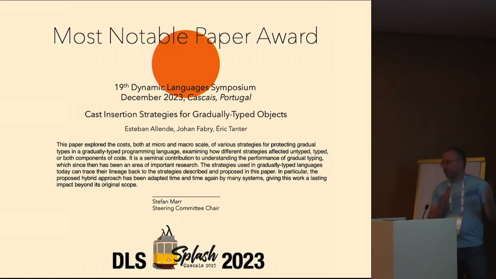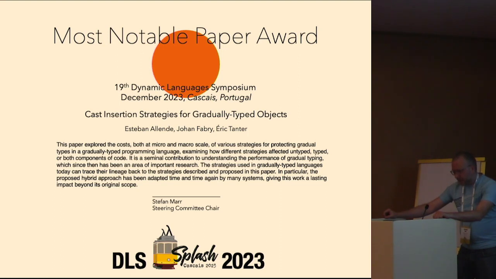Let me read out the citation. This paper explores the cost, both at the micro and macro scale, of various strategies for protecting gradual types. And we heard about gradual types a little bit today. In a gradual type programming language, it examines how different strategies affect untyped, typed, or both components of the code.